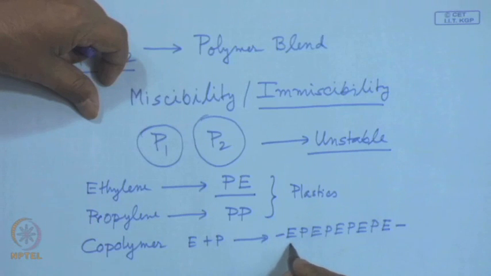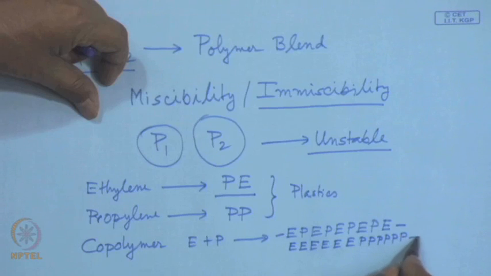If we place these ethylene propylene units in the form of blocks, say ethylene block followed by propylene blocks like this, we call it block copolymer. This way it continues. If we want to graft propylene onto the main backbone chain of ethylene, it looks like this, from where this propylene segment can grow.